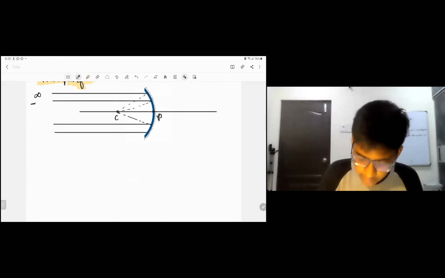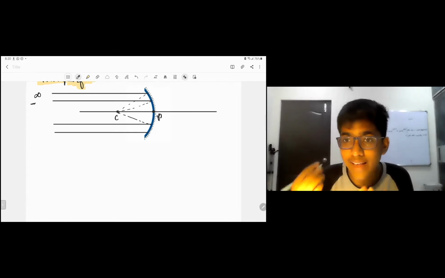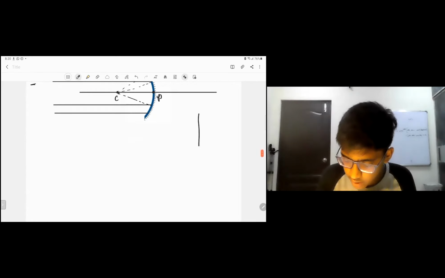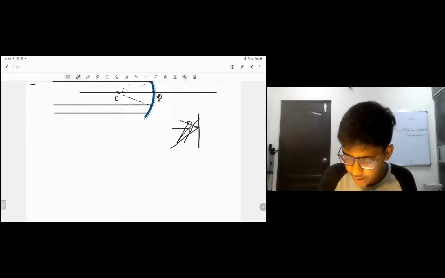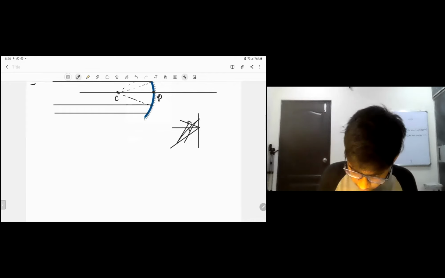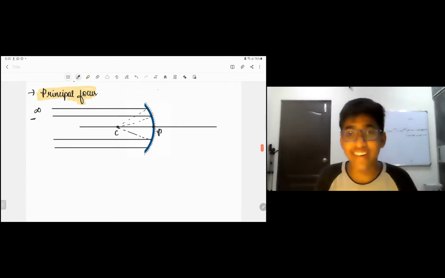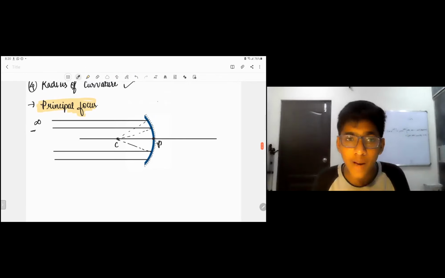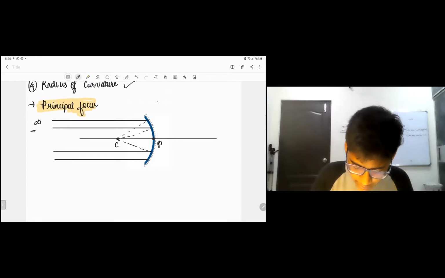Then, same as what we were doing in the case of plane mirrors, we draw the reflected ray like this, that is this angle will be equal to this angle. Now when we apply the laws of reflection here, this angle will be equal to this angle, so it will be coming like this.